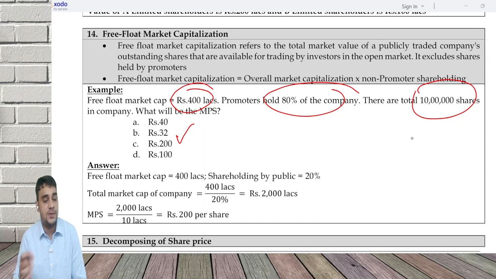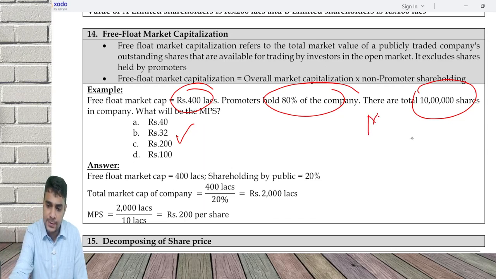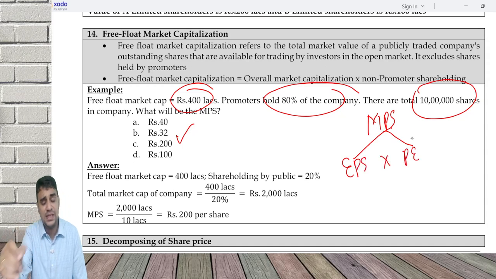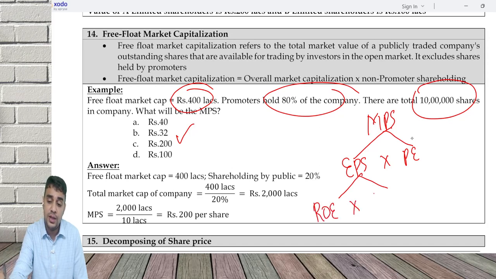Decomposing of share price, we have already done. MPS can be broken down as EPS times the P multiple. EPS can be further broken down as ROE into BVPS, book value per share.